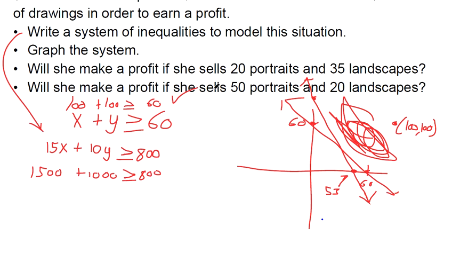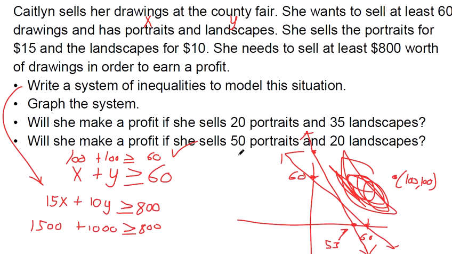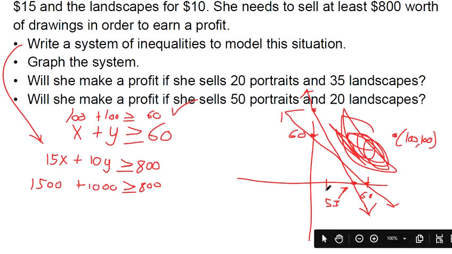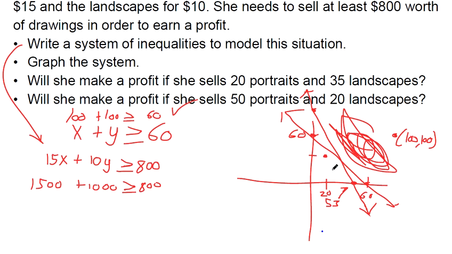Will she make a profit if she sells 20 portraits, which was our x variable, so somewhere around here, and 35 landscapes? Our graph tells us pretty confidently no. 50 portraits and 20 landscapes, that one might work. So we got to test that one out. Let's give ourselves some room here.